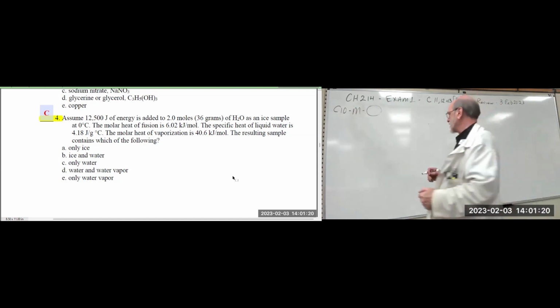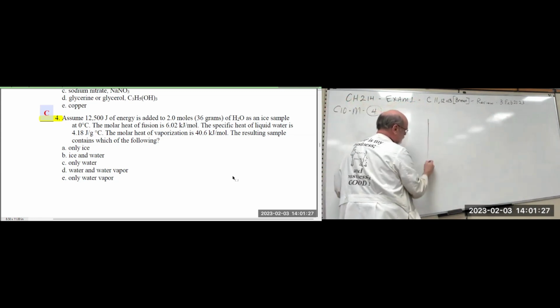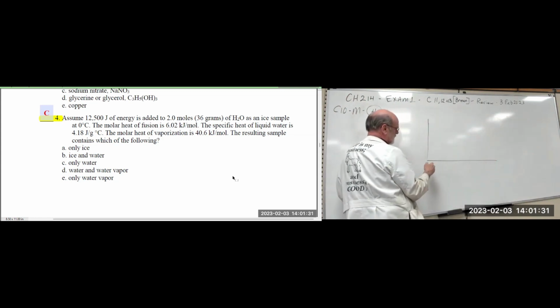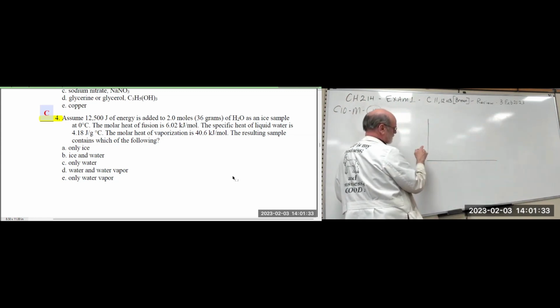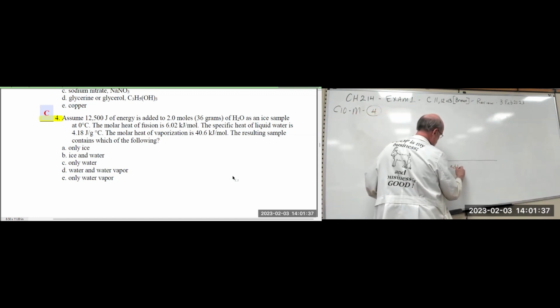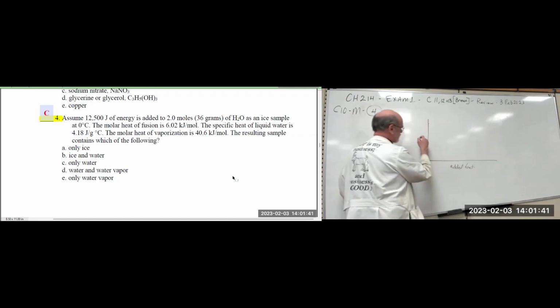Okay, so I think a diagram would be useful here. Remember when I drew this one? This is added heat, that direction. And this is temperature.